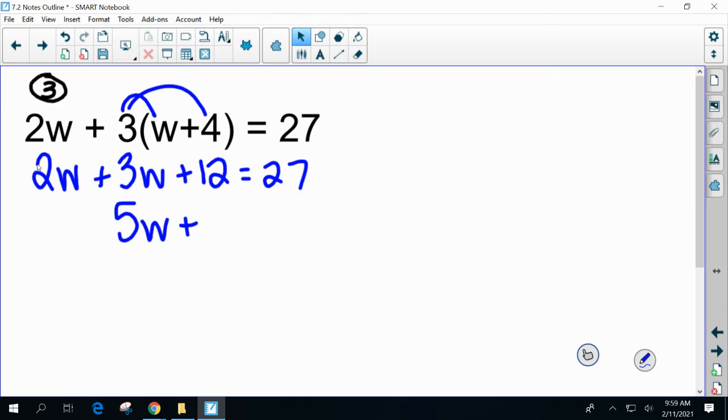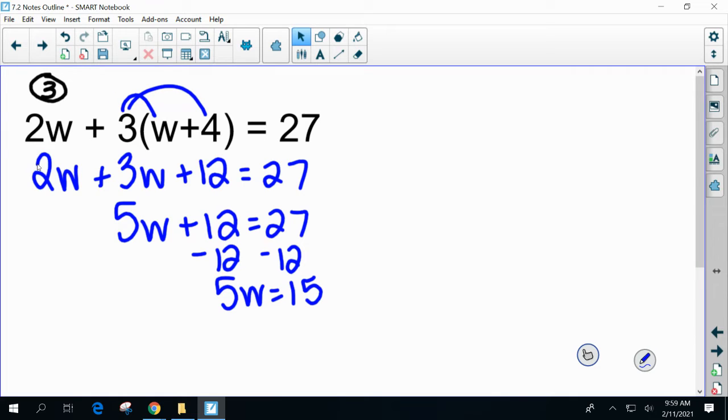So I would have 5w plus 12 equals 27. And then I need to subtract 12. So 5w equals 15. And then I'm dividing both sides by 5. So w equals 3.